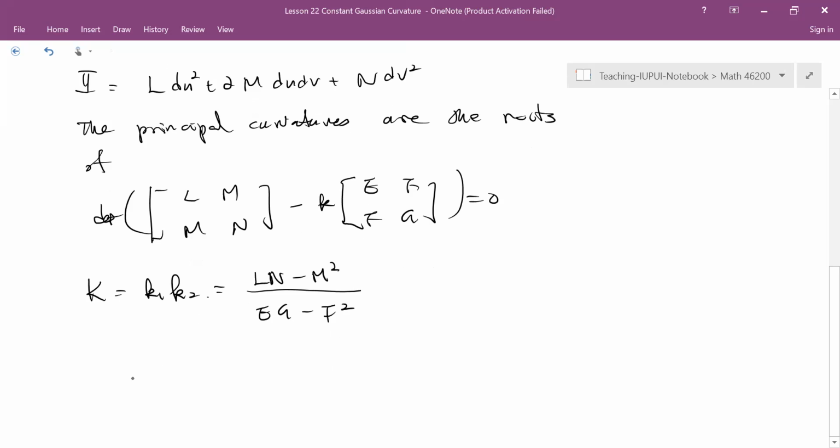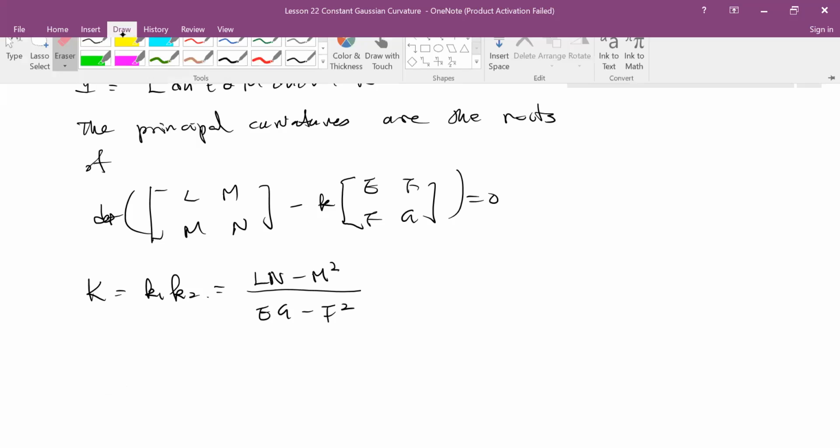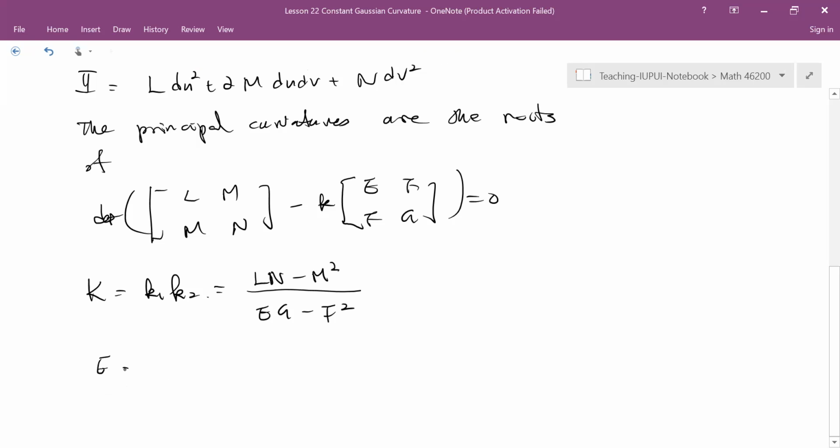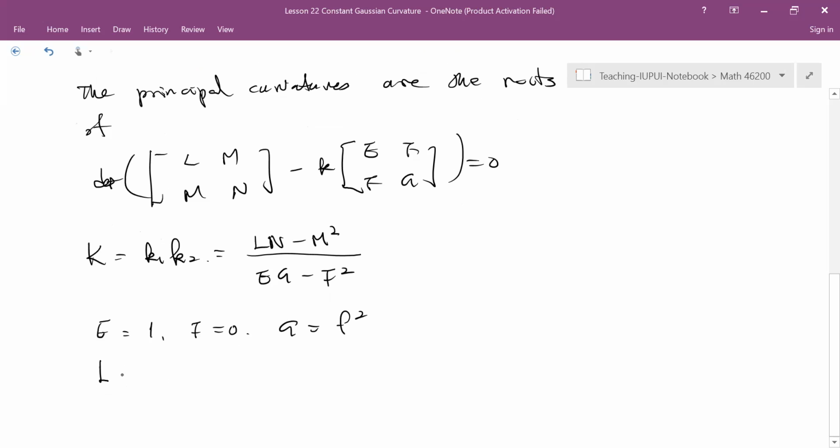After you compute it, E is going to be 1, F is going to be 0, G is going to be f squared. It's very simple. L is going to be f prime g double prime minus f double prime g prime, M is 0, and N is f times g prime.